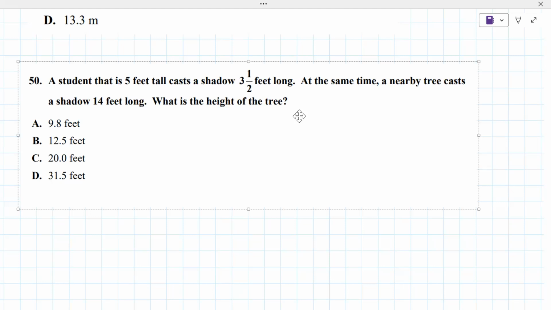All right, so I'm back. This is actually the same as the previous problem, meaning you can set up a proportion, or you can just try solving it another way.